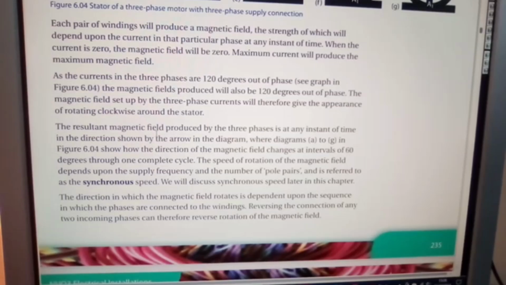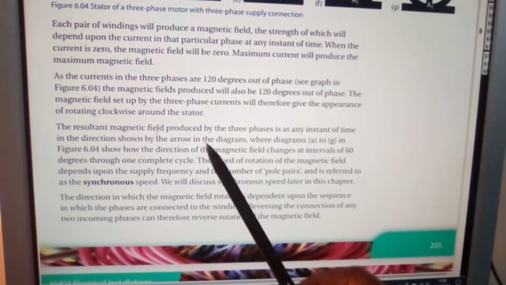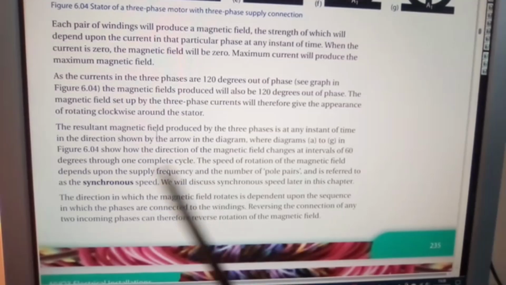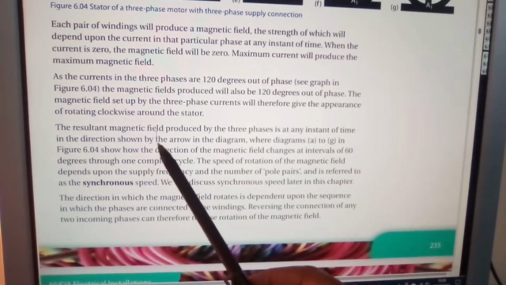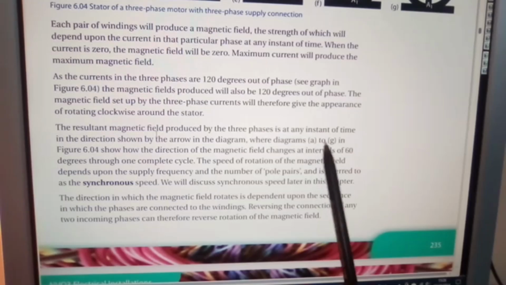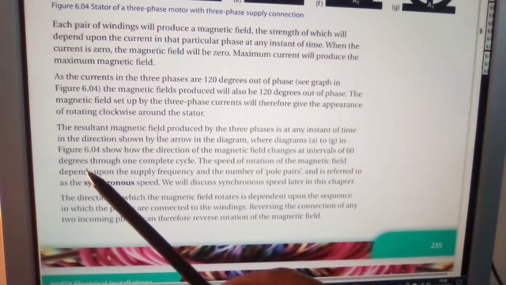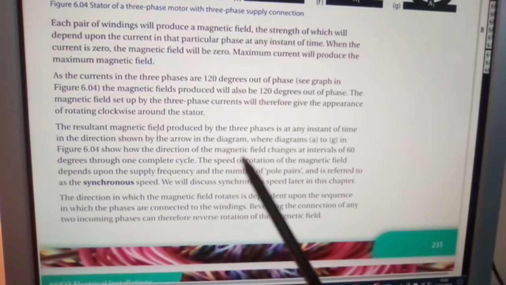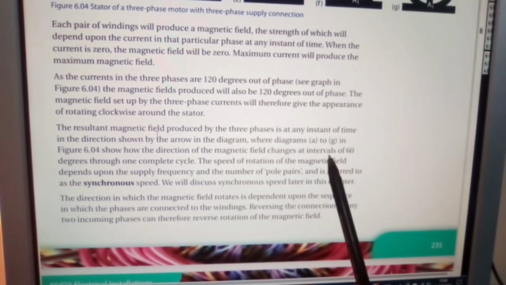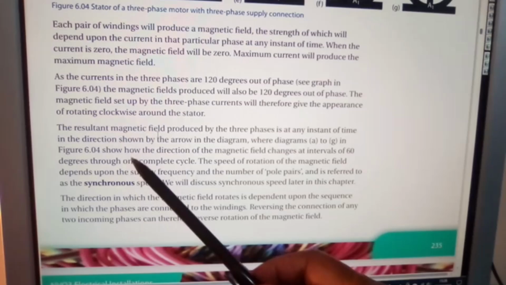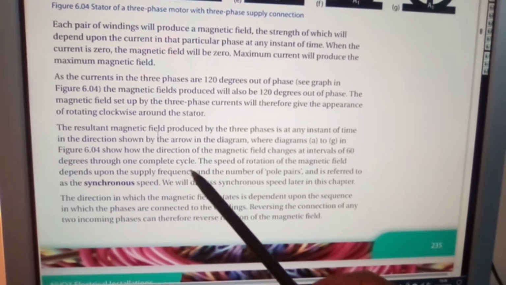The resultant magnetic field produced by the three phases is at any instant of time in the direction shown by the arrow in the diagram, where diagrams A to G in figure 6.04 show how the direction of the magnetic field changes at intervals of 60 degrees through one complete cycle.